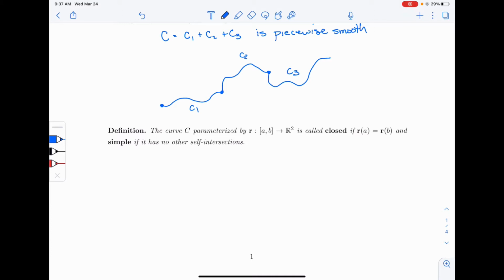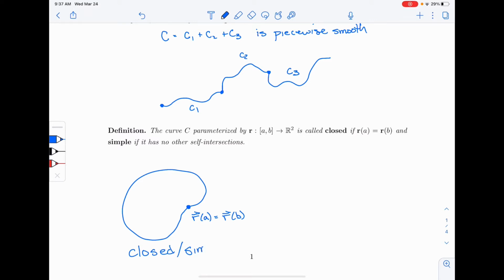So if I draw a curve like this that starts and ends at the same point, so here we have that r of a is equal to r of b, then we have a curve that is closed. But it does not self-intersect, so we also say that it's simple.